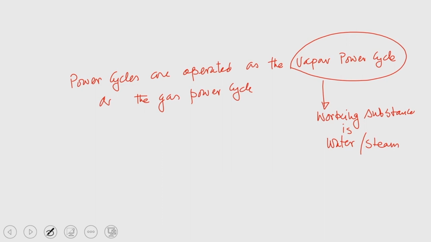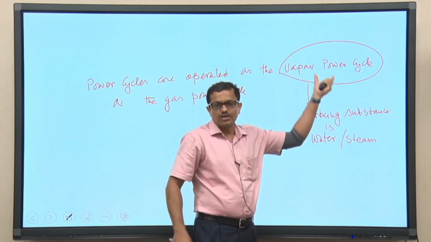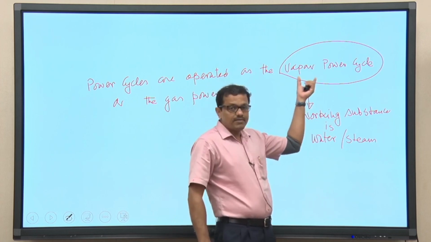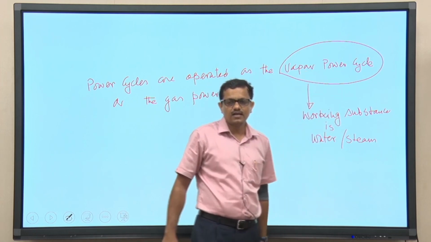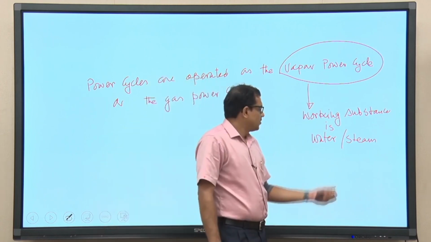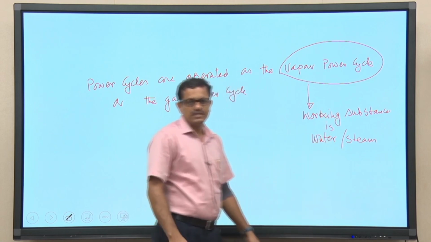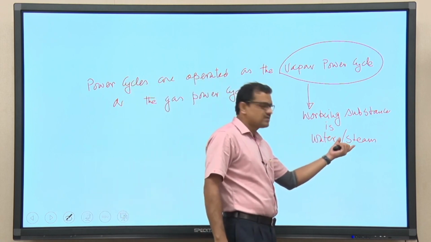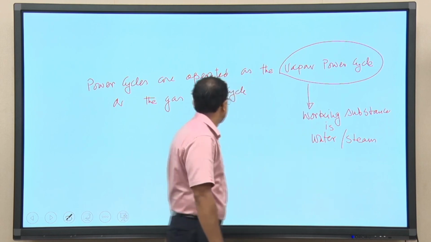Sometimes this vapor power cycle is known as steam power cycle, right. So, I may use this terminology, that is steam power cycle or vapor power cycle. Whether it is steam power cycle or vapor power cycle, these are the same. Hence the working substance is steam, so we also can call it steam power cycle.